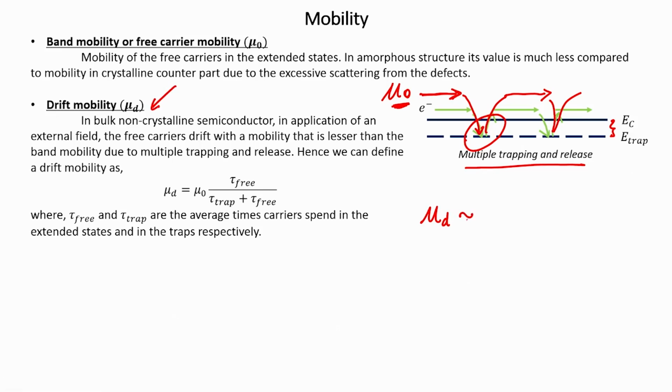That mu d is given as mu naught times the time spent by the carriers in the free states divided by the total time spent by the carriers in the semiconductor, which is the summation of the time spent in the free states plus the time spent in the trapped states. This is the definition of the effective drift mobility of carriers, and this is the mobility definition that we would use while trying to define the drift velocity of the carriers.